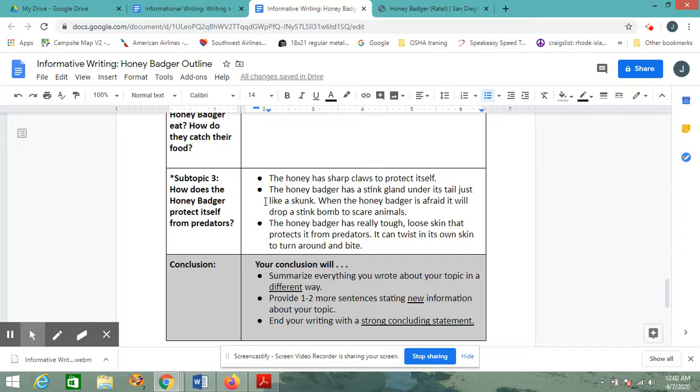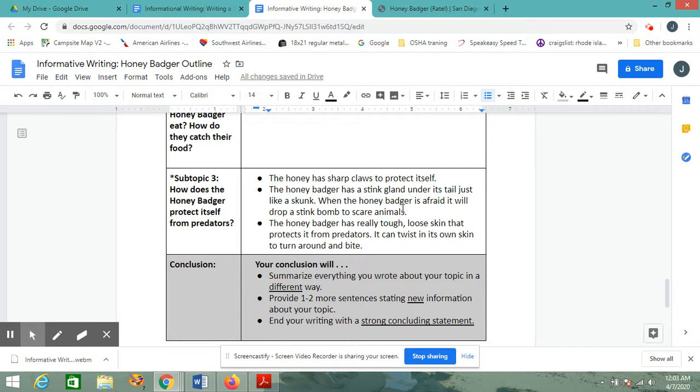What information do I think is kind of crazy or interesting about the honey badger, something that will be a good bait to get my reader to want to learn more? Reading these, the honey badger has sharp claws to protect itself. Well, lots of animals have sharp claws. That's not that interesting. The honey badger has a stink gland under its tail, just like a skunk.